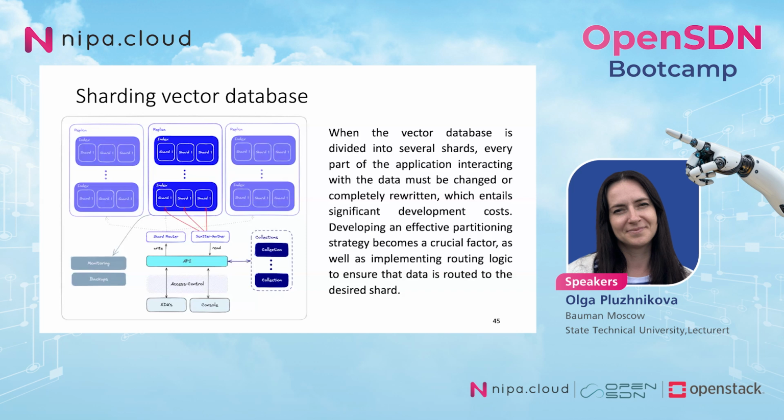At the moment when the vector database is divided into several shards, every part of the application interacting with the data must be changed or completely rewritten, which entails significant developer costs. Developing an effective partitioning strategy becomes a crucial factor, as well as implementing routing logic to ensure that data is routed to the desired shard.